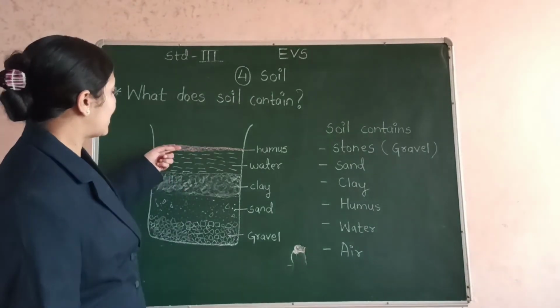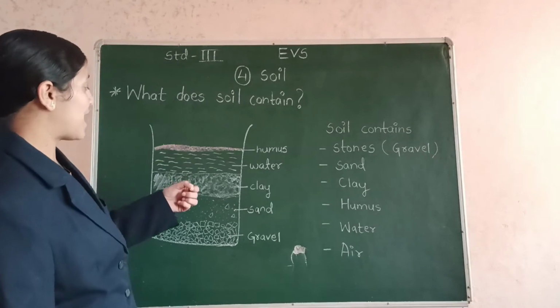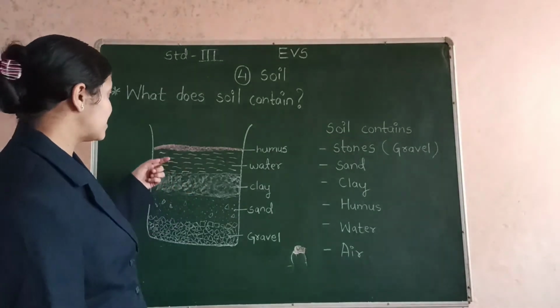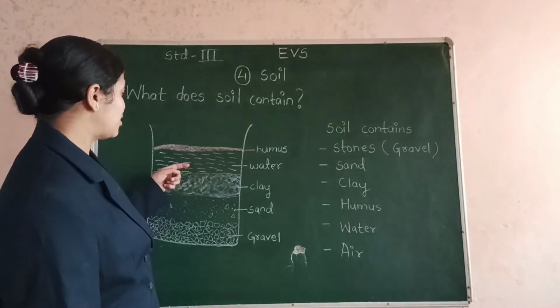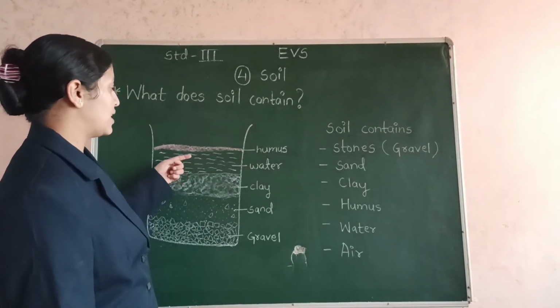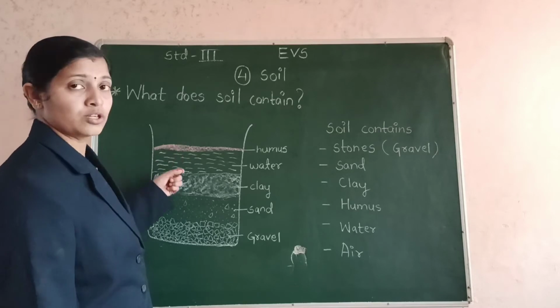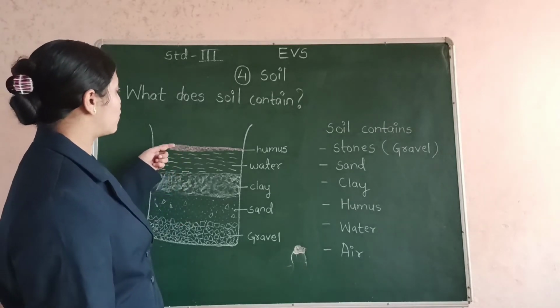This thick layer of leaves, dead plants and animals is called humus. It is lighter than the water too, and so it floats on the water.